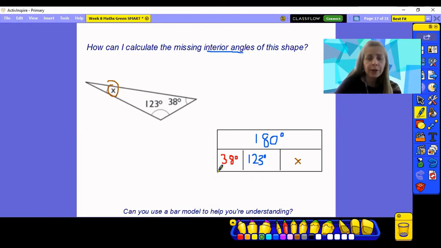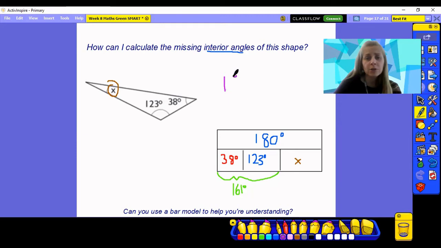So far, with these 2 angles that are known to us, 123 plus 38, we have 161 degrees of interior angles already known to us. With that information, we can move straight on to working out our missing angle, in a similar way to how we've been thinking about angles along a straight line earlier in the week.